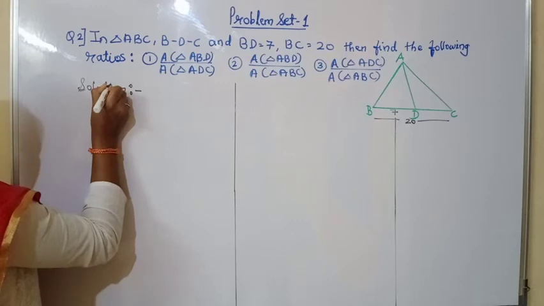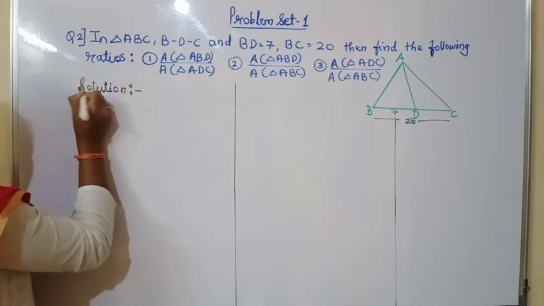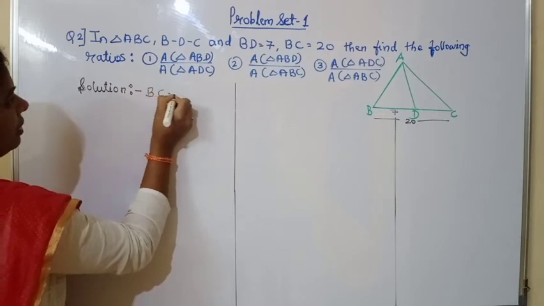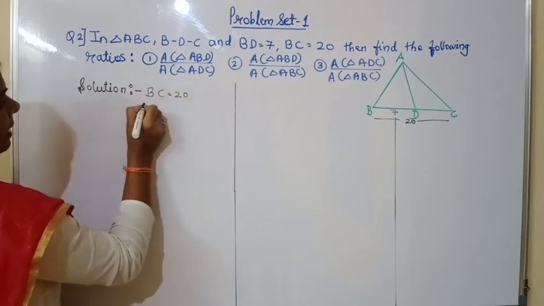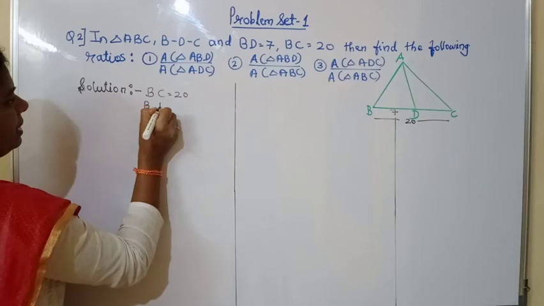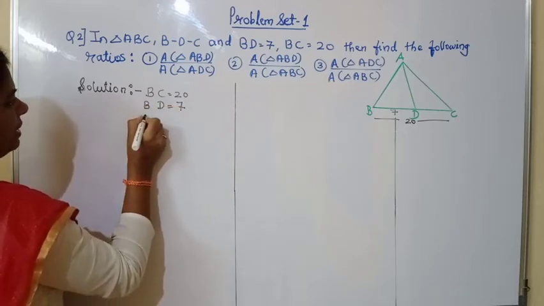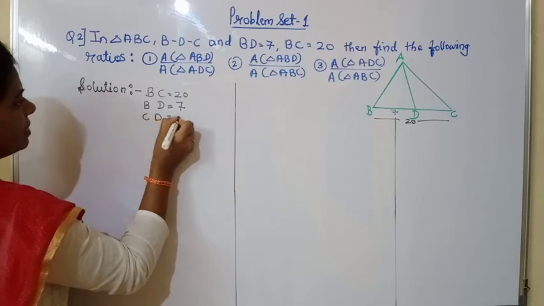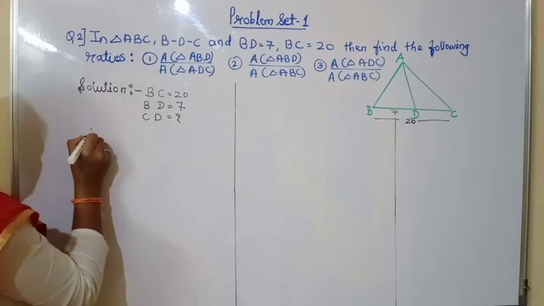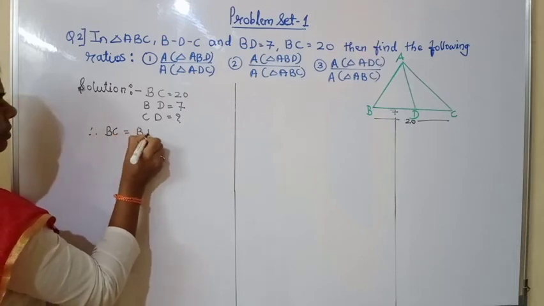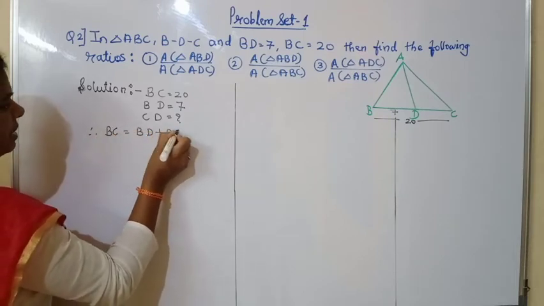Solution. As you are able to see, what is given is BC equal to 20, then BD is equal to 7, and we have to find CD or DC. So what is BC? BC is equal to BD plus DC.